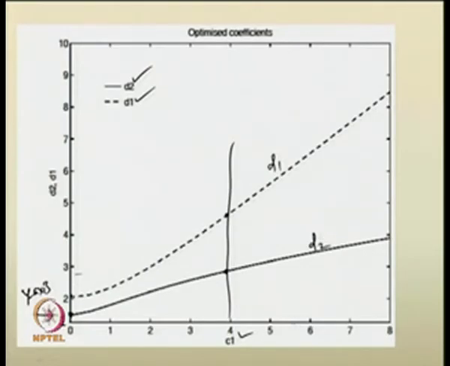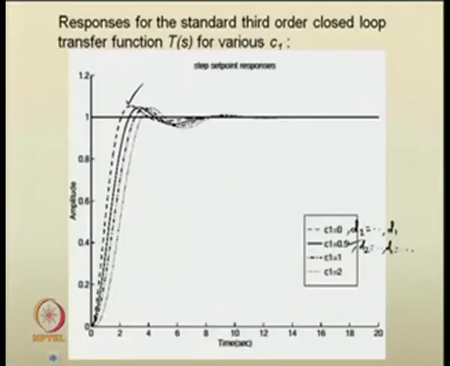So, for any given C1, we always get some D2 and D1. These optimum values of D2 and D1 for any given C1 always yield a quite satisfactory time response of the closed loop system. Why do I call this quite satisfactory time response?